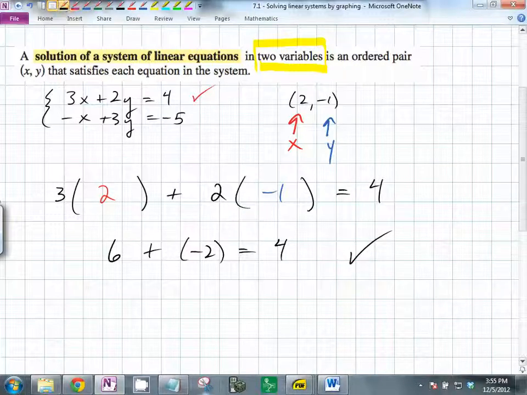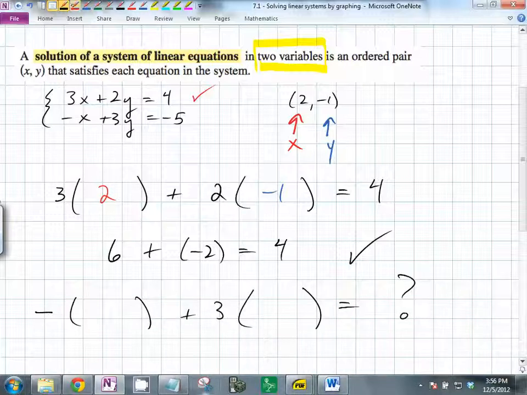To check it in the second, negative x plus 3y, we're checking to make sure it equals negative 5. So let's see if it actually does.